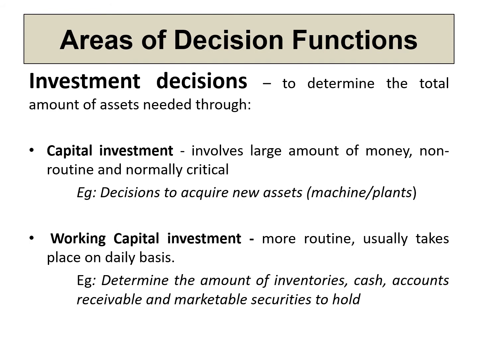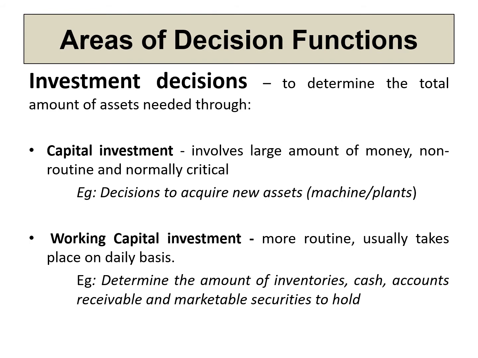The first area of decision functions is investment decisions. Investment decision is to determine the total amount of assets needed through capital investment and also working capital investment. Capital investment normally involves a large amount of money, is non-routine, and normally critical.